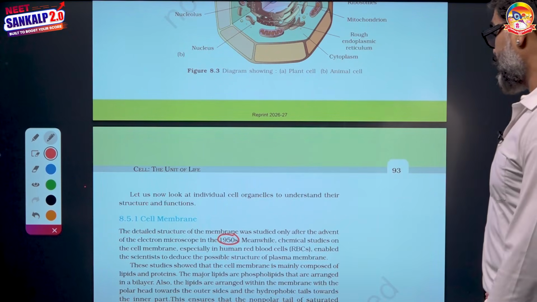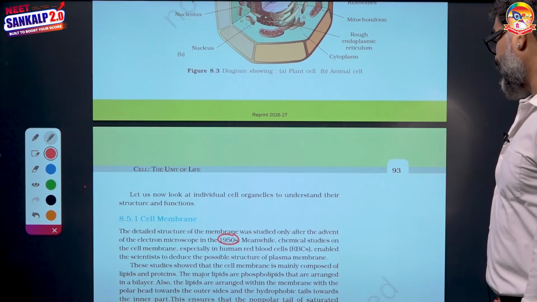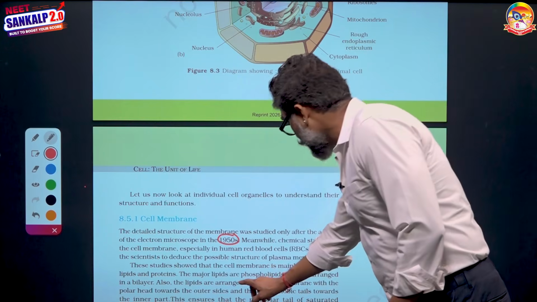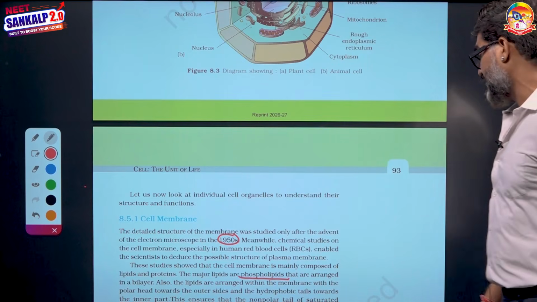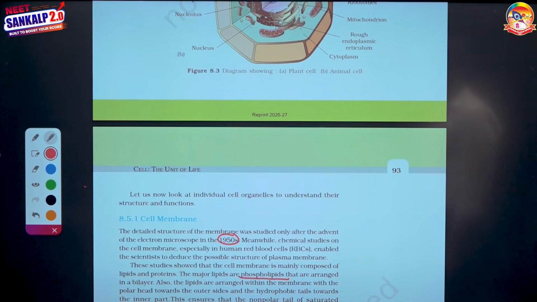In major lipids, the major lipids are the phospholipids. The most common lipid constituting the membranes is the phospholipid, which is arranged into a bilayer. Also, the lipids are arranged within the membrane with the polar head towards the outer side and the hydrophobic tail towards the inner part.